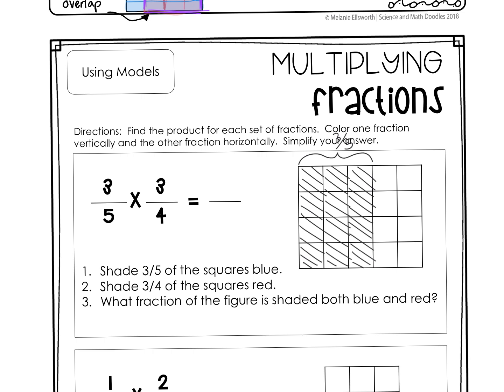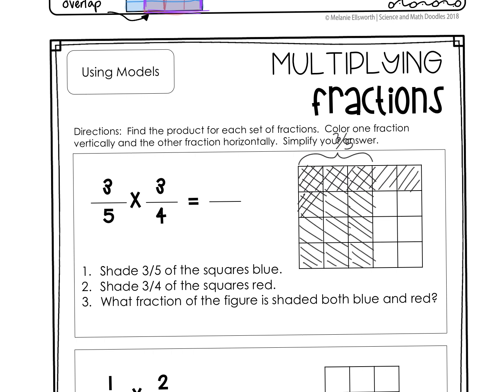Okay, now my 4th, since we've already determined that I had 5 columns. Well, if I look, I have 1, 2, 3, 4 rows. How many of these 4 rows need to be shaded? 3 of them, because that's my fraction, 3 out of 4. So on this, I'm going to shade the other direction. So it creates that crisscross where they overlap.